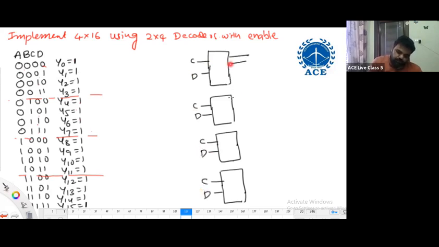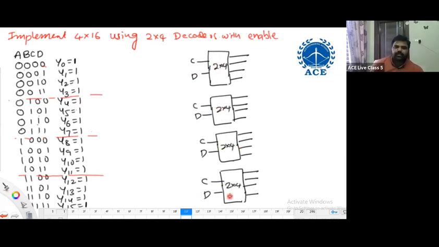Here we have 4, then 4, then again 4, then again 4: 2 to 4 decoder, 2 to 4 decoder, 2 to 4 decoder, 2 to 4 decoder. The outputs are Y0, Y1, Y2, Y3, Y4, Y5, Y6, Y7, Y8, Y9, Y10, Y11, Y12, Y13, Y14 and Y15.